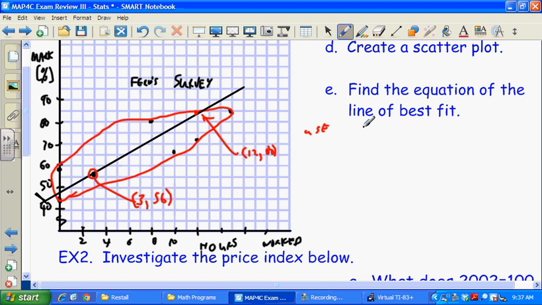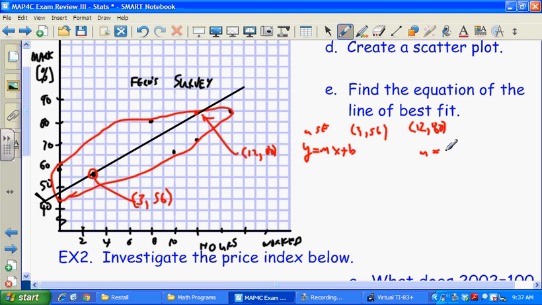And then I'm going to use those points to calculate the line of best fit. Remember, it's y equals mx plus b. M is the slope.